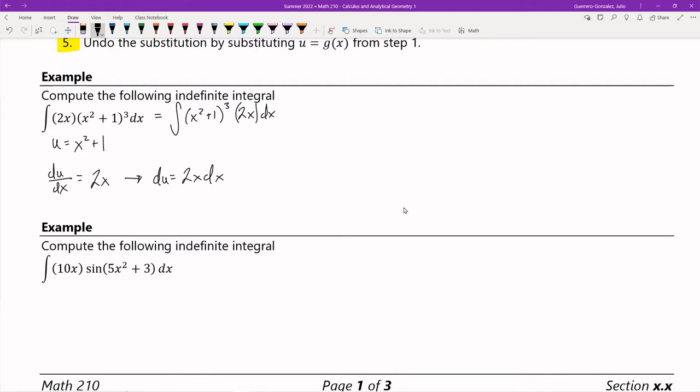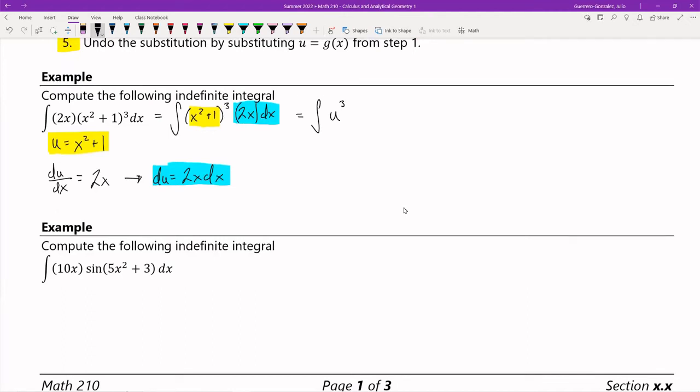And the reason why I did this is because now I basically group stuff together, that's it. My u is that thing, right? And my du is this thing. So what happens is this, I get to change my integral. My u was the x squared plus 1, so this is now u cubed.